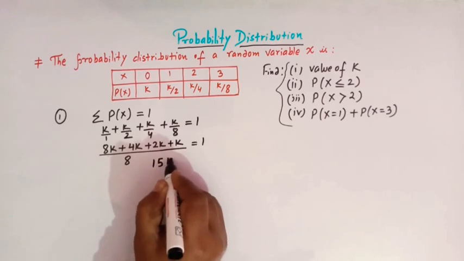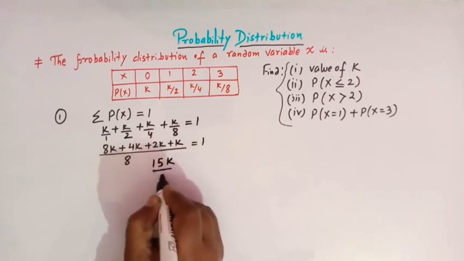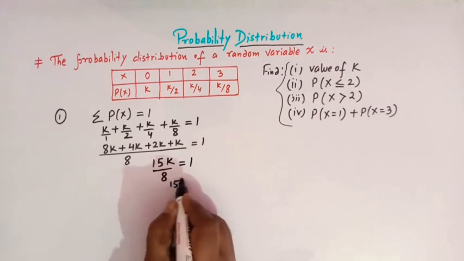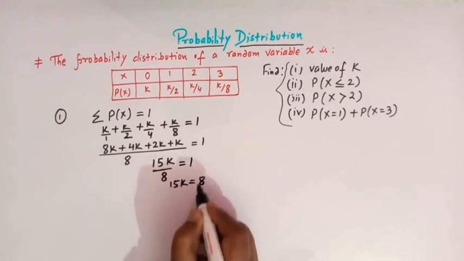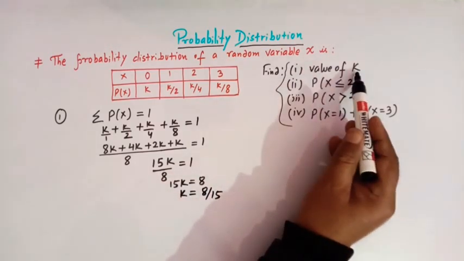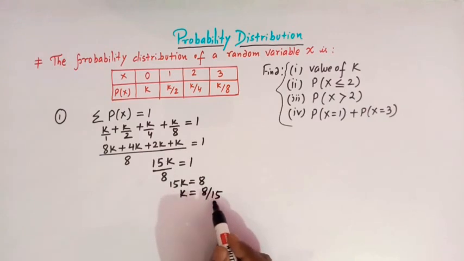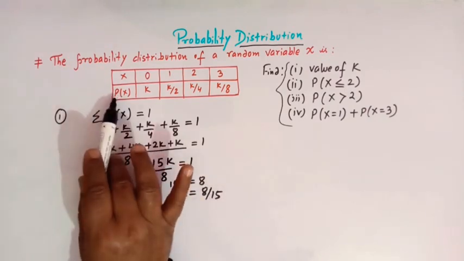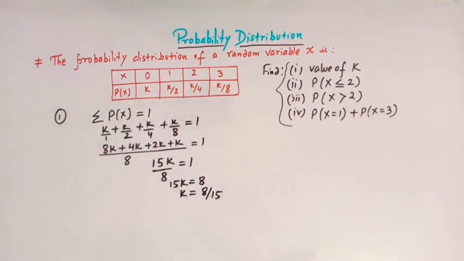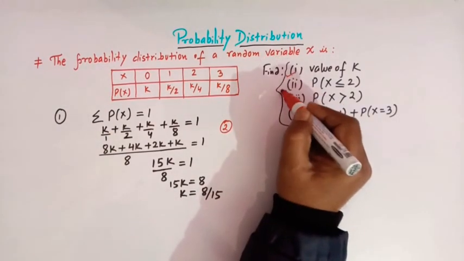So we have 15k over 8 is equal to 1. So we have 15k is equal to 8, and k is equal to 8 over 15, right? So the value of k is 8 over 15, and this can be obtained by taking the sum of all probabilities equal to 1.